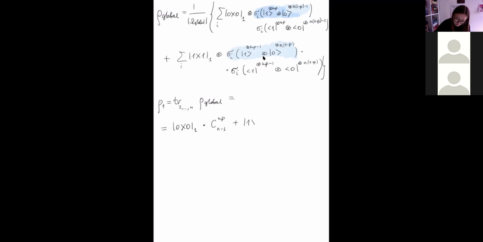Plus, for 1, 1, it would be the number of ways you can choose Np minus 1 positions, because you have Np minus 1 ones, from n minus 1 positions. And of course, there is also this global normalization, which is just the number of ways you can choose Np from n.